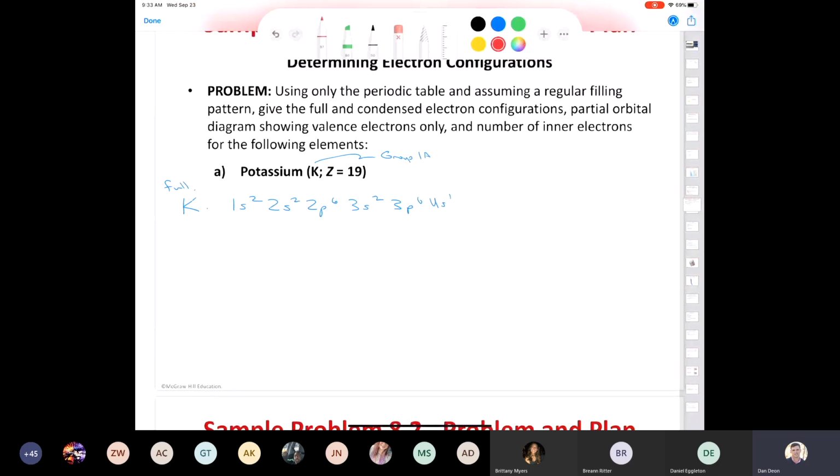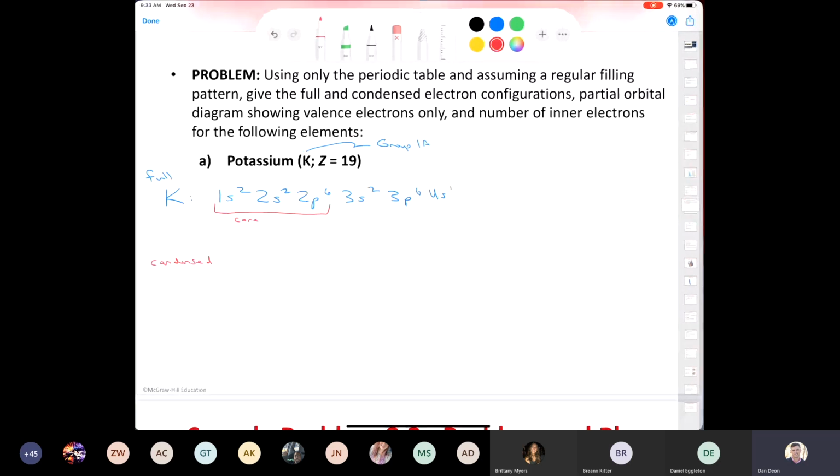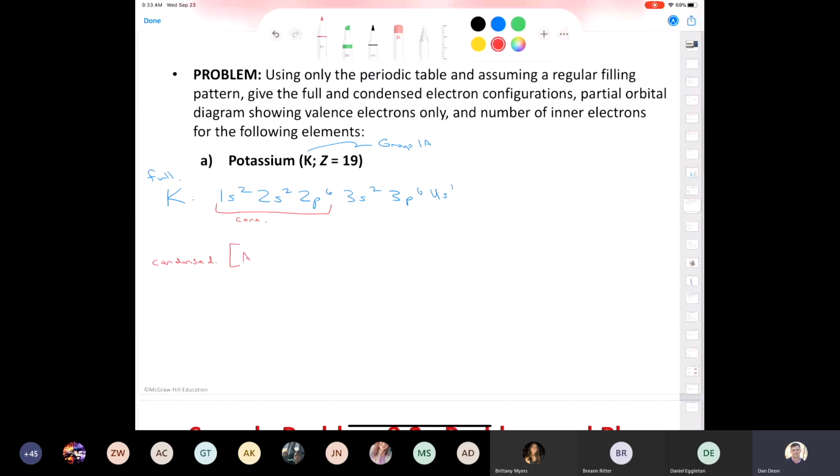If we want to write the condensed, what do we do? We're going to take all of the core electrons. These are core or inner electrons because we look at the noble gas that precedes it. And the noble gas that precedes potassium is argon. So for the condensed electron configuration, we put argon, which covers all of those first 10 electrons.